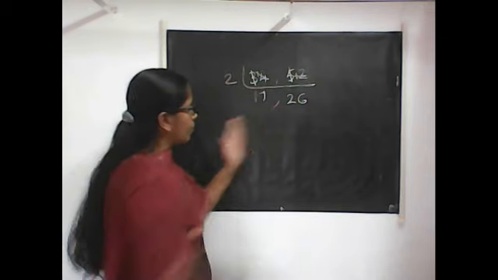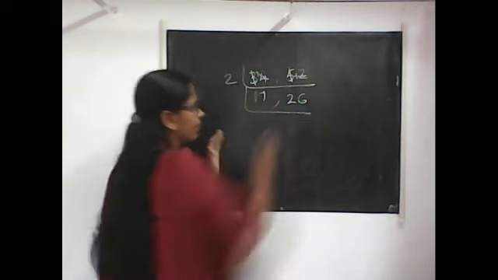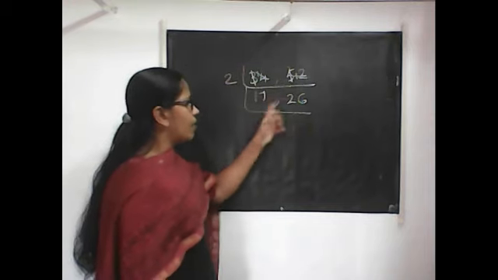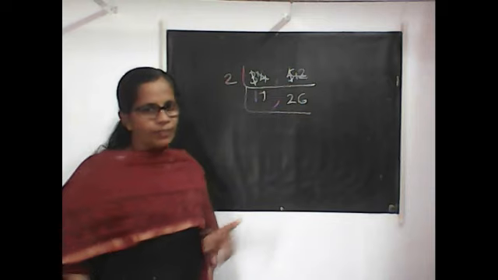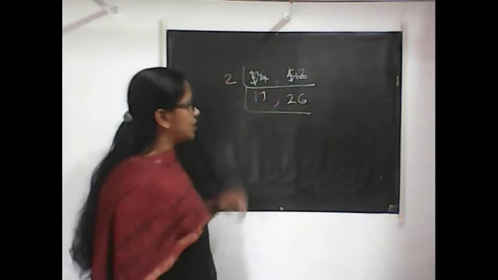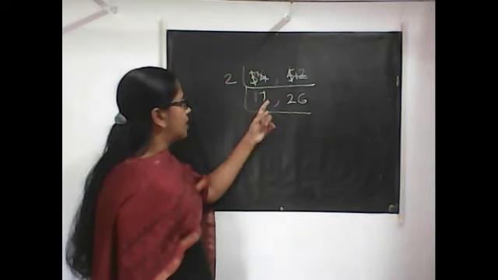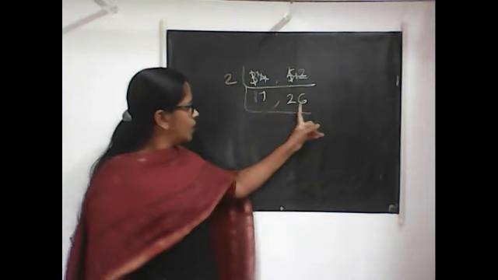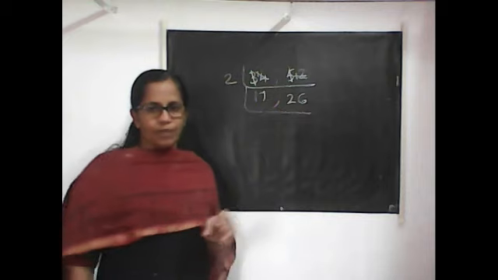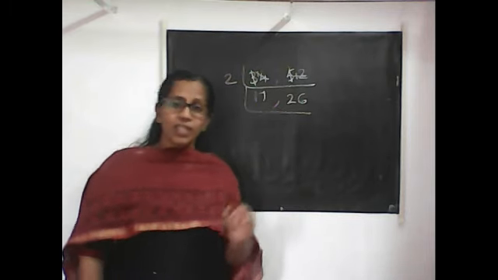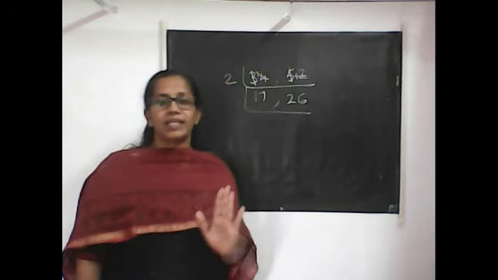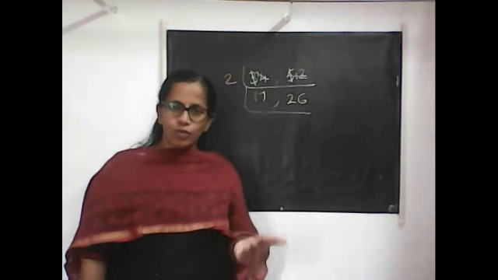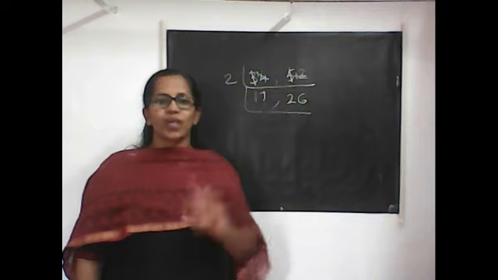Again, before putting a symbol like this, you have to consider whether this can be divided by 2 or 3. Looking at the ones place digit, you can understand that 7 is not an even number, so 17 is not even. 26, 6 is even. We can divide 26 by 2, but we cannot divide 17 by 2. So when it is not divisible by 2, take the next digit, that is 3.